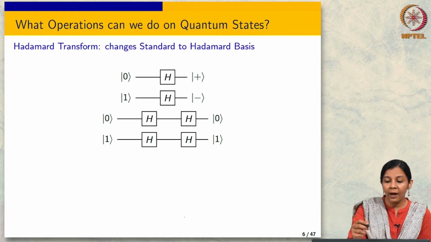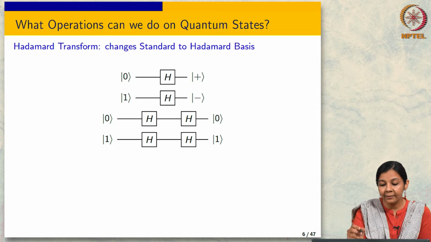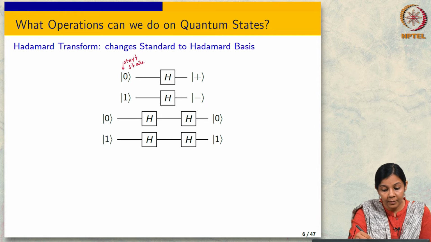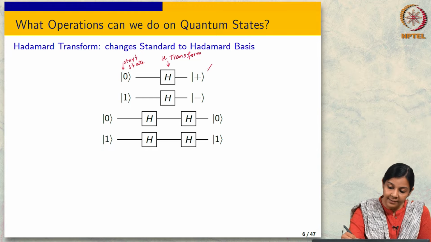Okay, so this is how we represent it. Basically this is our starting state, this is the Hadamard transform, and this is our final state.